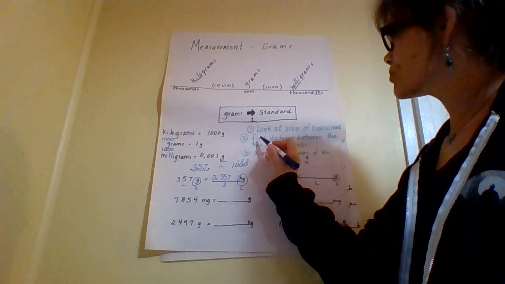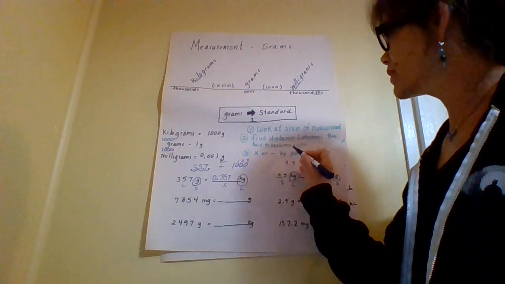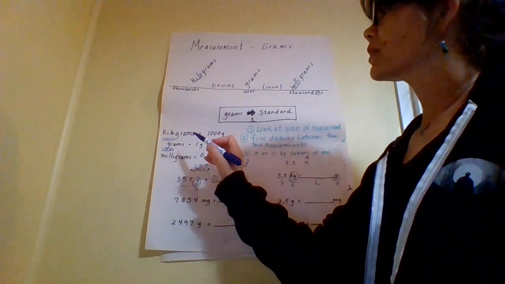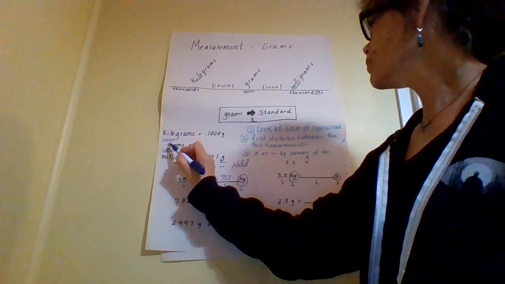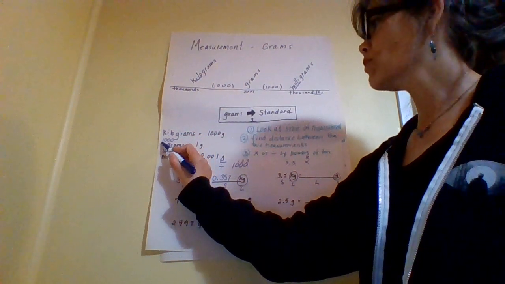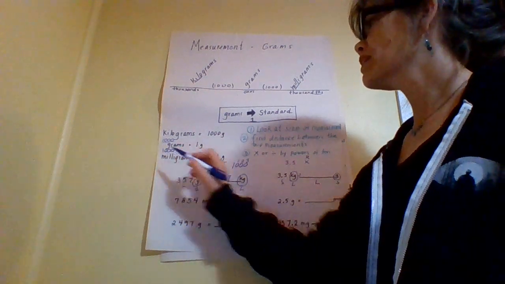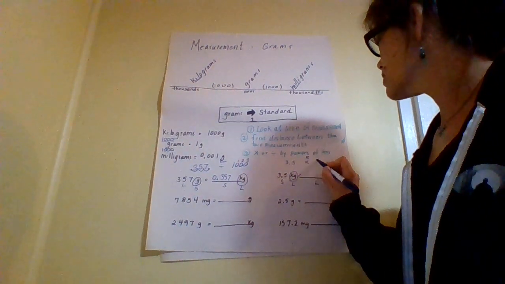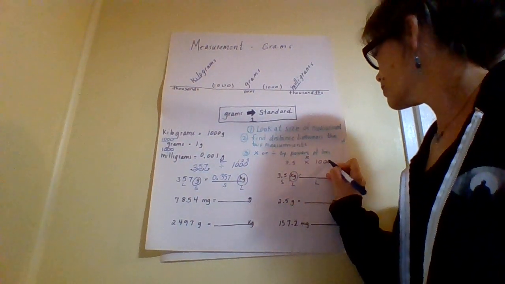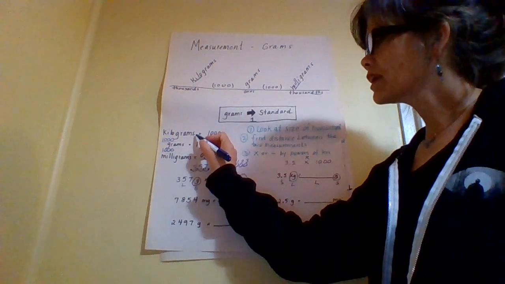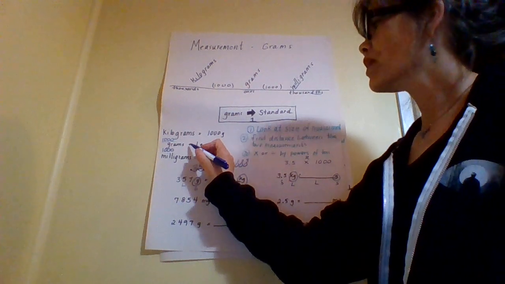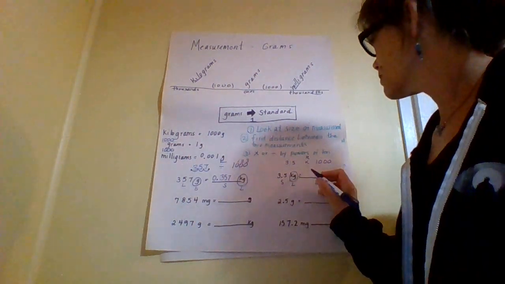And now we have to find the distance between the two measurements. So here we start at kilograms and we are moving to grams. And we know the distance in between is 1,000. So then we can just write down 1,000 because 1 kilogram is equal to 1,000 grams.